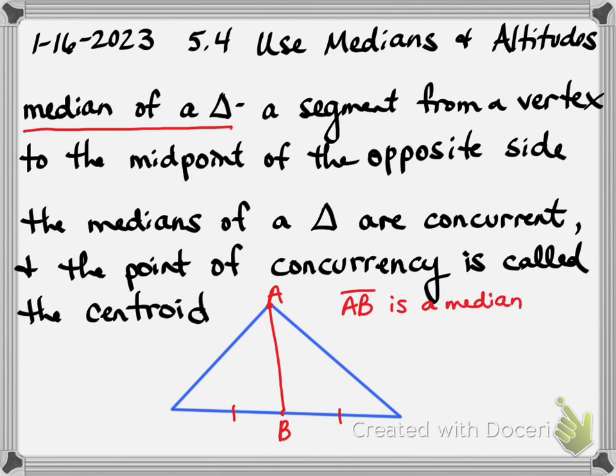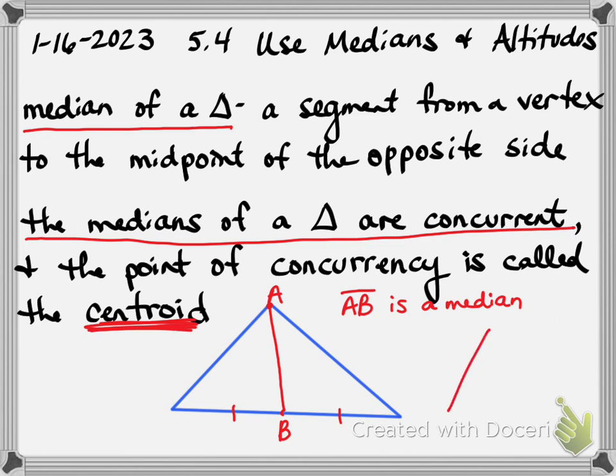And then here we have the medians of a triangle are concurrent, and the point of concurrency is called the centroid. So I'm going to draw another triangle, and I'm going to sketch all three medians. So for this angle, we'll say we go right there to the midpoint. There's one median.